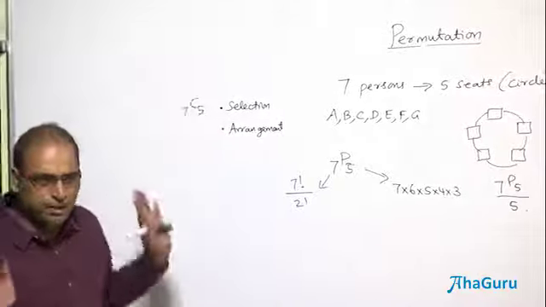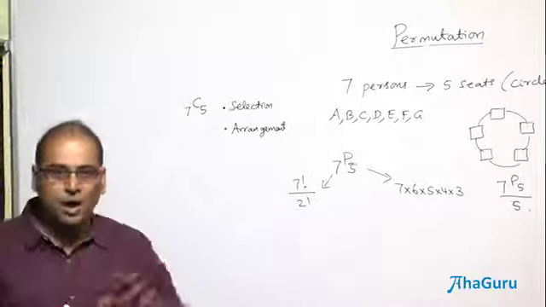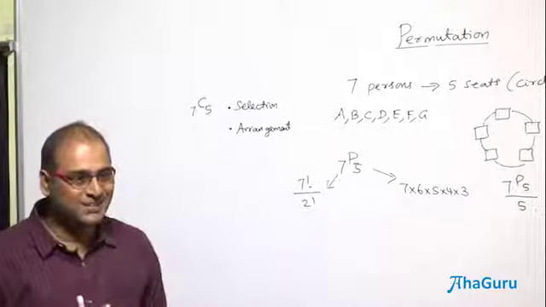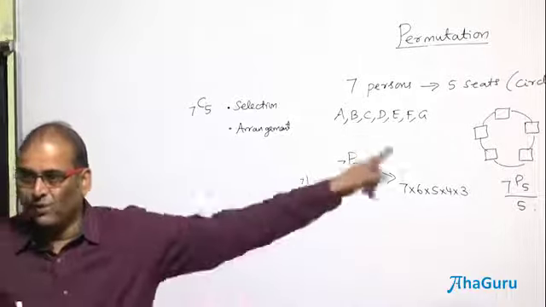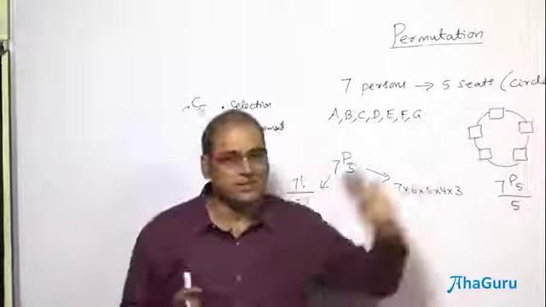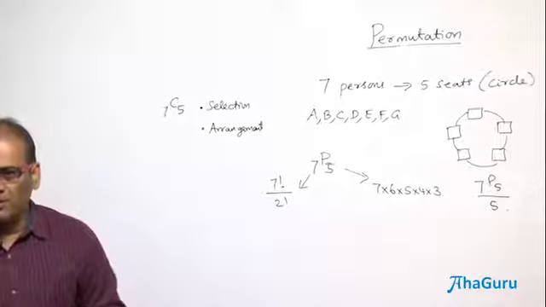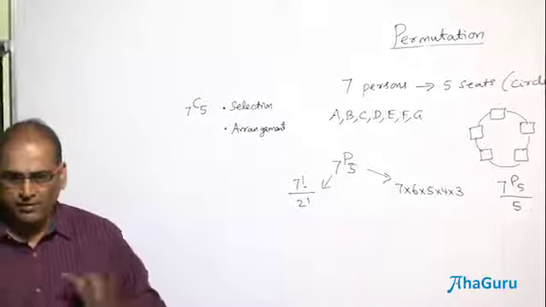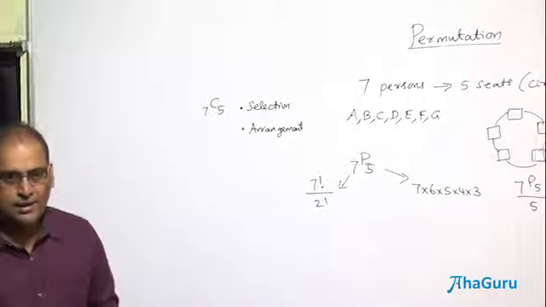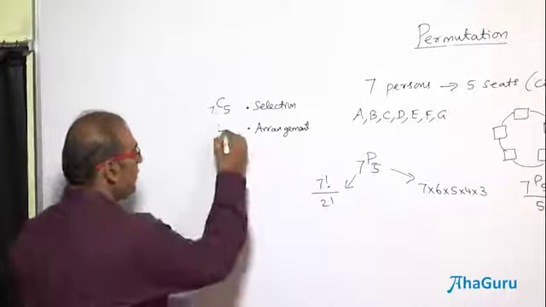That's going to be some number. Arrangement: having selected those 5, how many ways can you arrange them? For each selection, how many arrangements are there? 5 persons, 5 seats. What is the number of arrangements? 5 factorial? No, 5 factorial is linear. It is 4 factorial, right? 5 versus 5, it's 4 factorial.